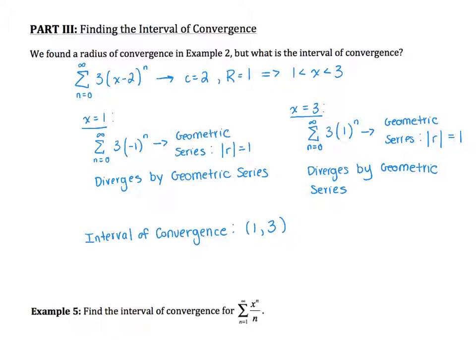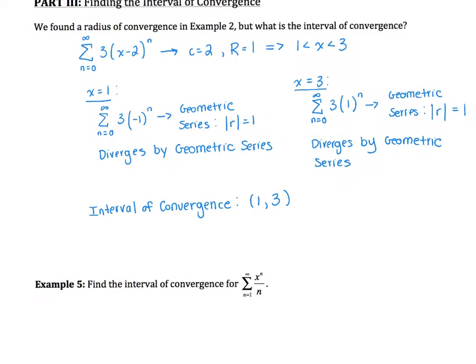So let's go to example 5 and start looking at some less obvious examples. In order to find the interval of convergence, we first need to find the radius of convergence, and so again, we are going to do that with the ratio test. We're going to force the issue.